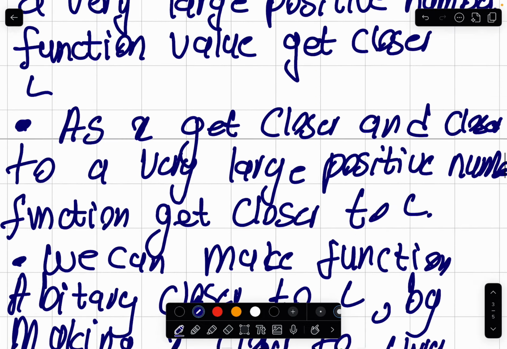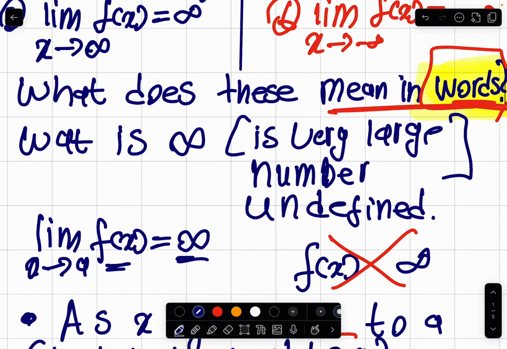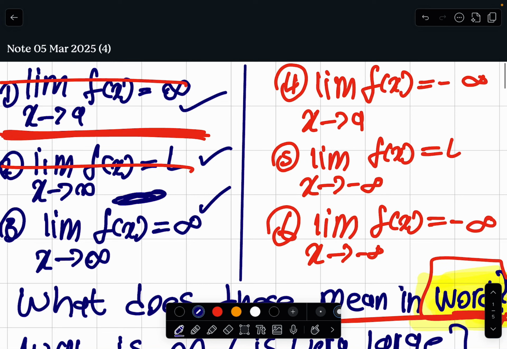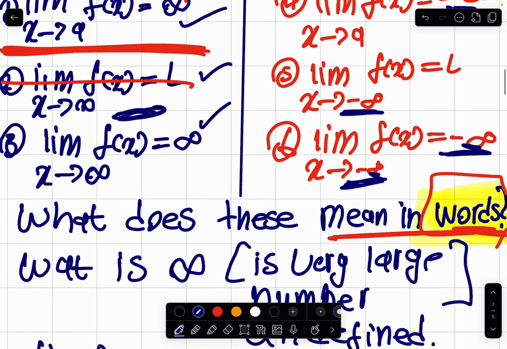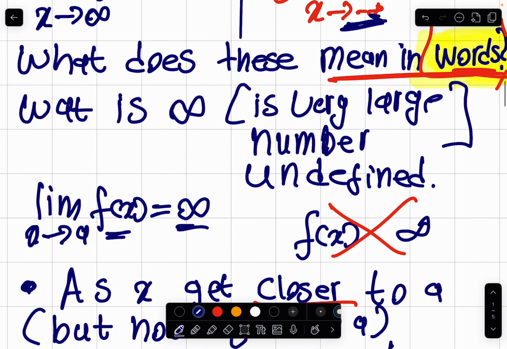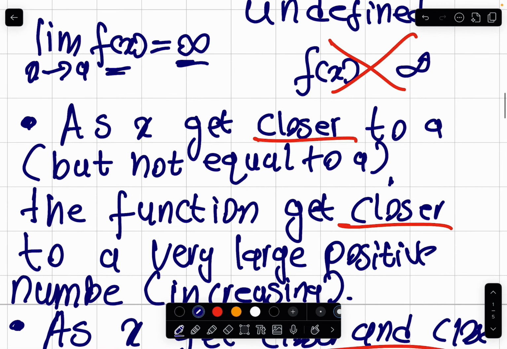Understand? This side is the same application, just that this side we're approaching a large negative number. Large negative number. Meaning, if you want to explain this side, you are going to replace this positive by negative.